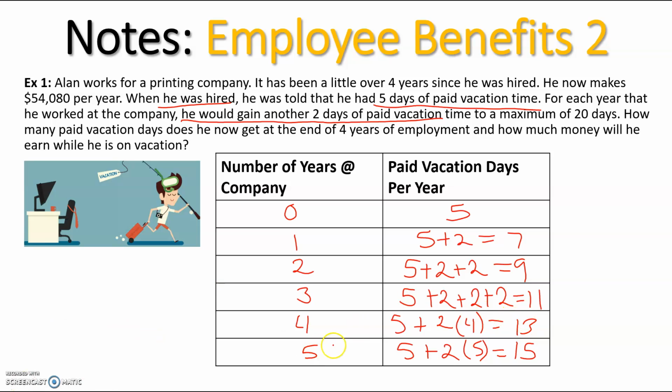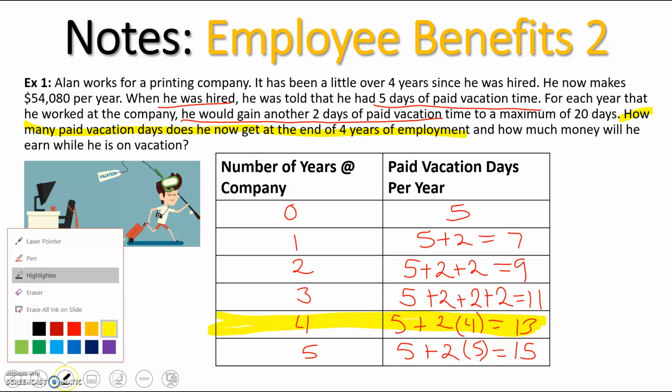So for his entire 4th year, 13 days. So we're going to put here, year 4, Alan will get 13 days of paid vacation. All right, so that answers the first question, how many paid vacation days does he get.